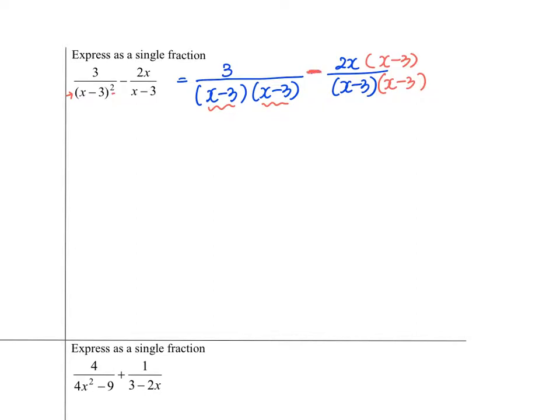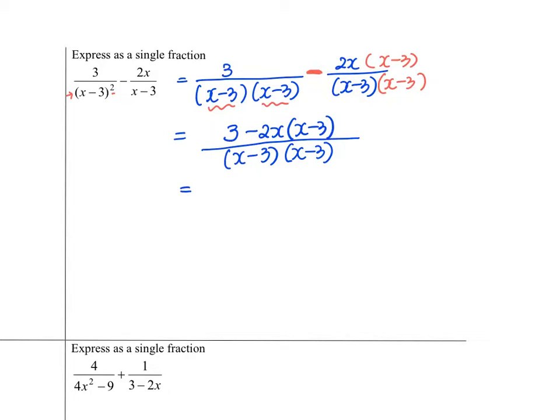Notice there is a negative sign. Please be careful of the negative sign. So I'm going to write this as one single fraction to prevent mistakes. I can write my denominator as x minus 3 repeated, or x minus 3 whole thing squared. So now I will have 3 minus 2x times x minus 3.